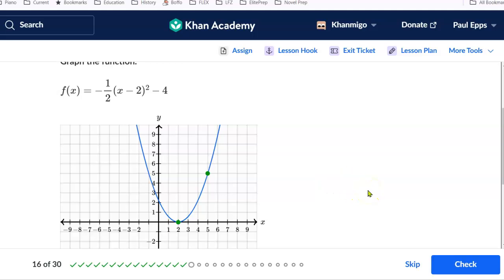Okay? Now, what about if x equals 0? And again, we're forgetting about the negative 1/2 and the minus 4, but if x is 0, we've got 0 minus 2, negative 2 squared is 4. Oh, you know what though? Maybe I am putting these in the wrong order. What if I put the 4 here?